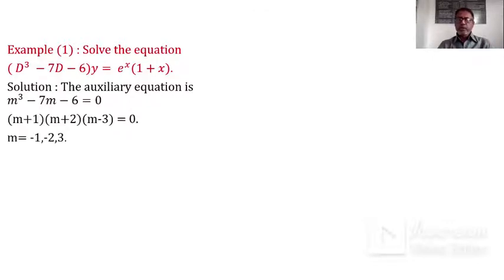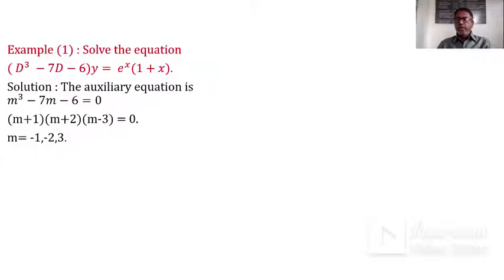Now we want to factorize this. The factors of this equation are m plus 1, m plus 2, m minus 3 is equal to 0. We know how to factorize it. Here the values of m are minus 1, minus 2, and 3.